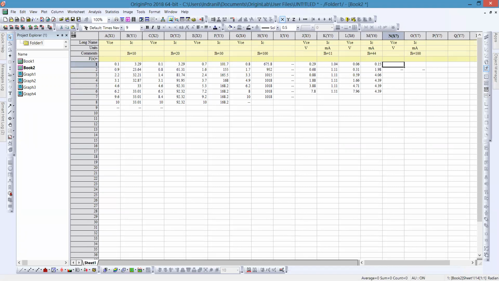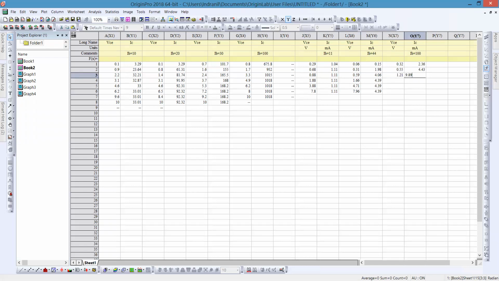0.32, 2.36. Then 0.55, 4.43. Then 1.21, 9.89.